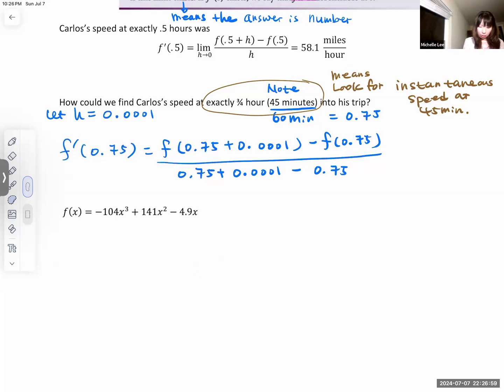So let's calculate f of 0.750001, right?